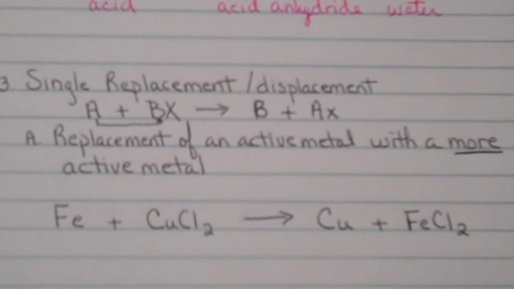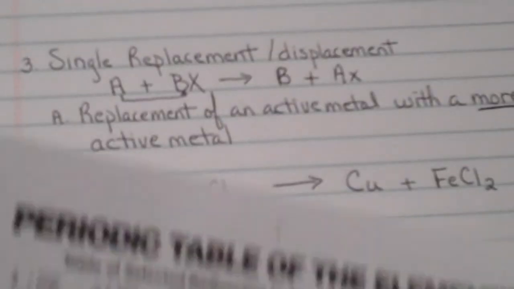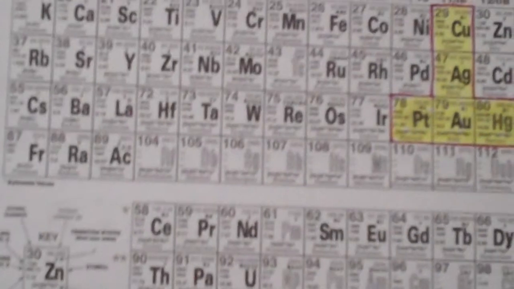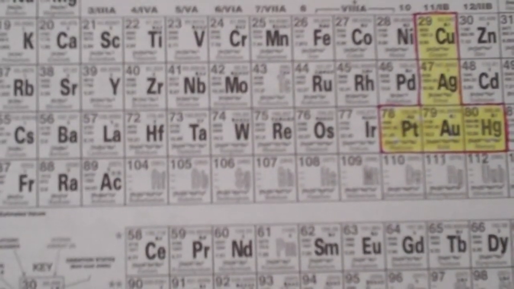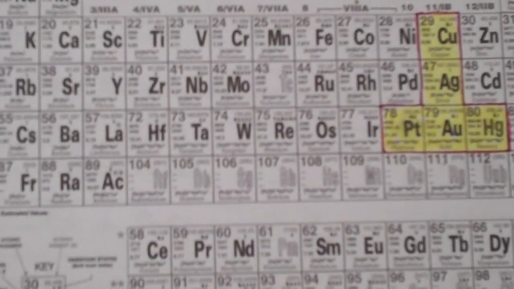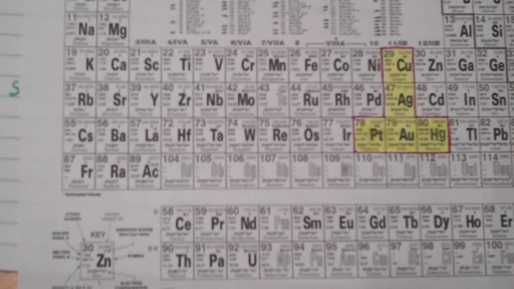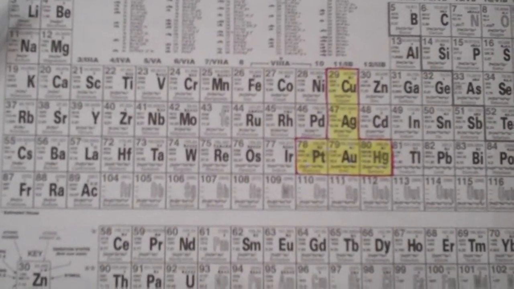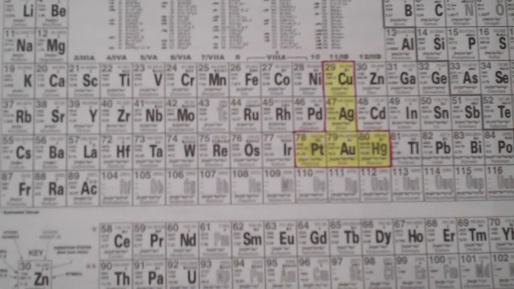And for this, you need to understand something about the activity of metals. When we're looking at a periodic table, the most active metals are found to the far left. The most active metals are going to be in the first family: sodium, lithium, potassium, rubidium, cesium.